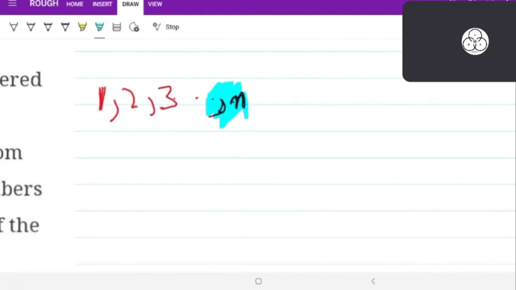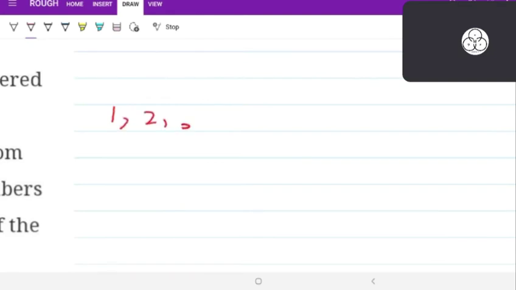Not getting it. Okay, fine. Let me write it more properly. 1, 2, 3, 4, and so on, n minus 1, n. These are the cards. n has the largest value in this sequence.